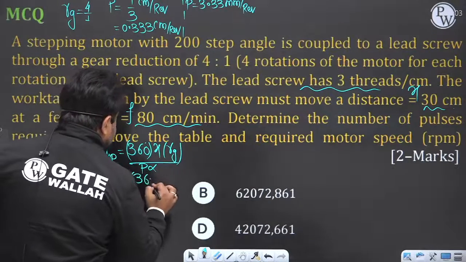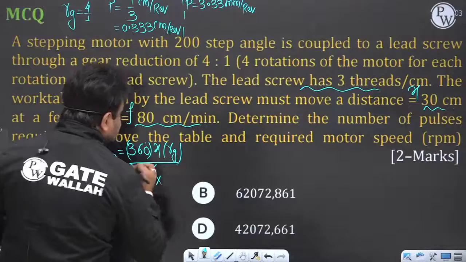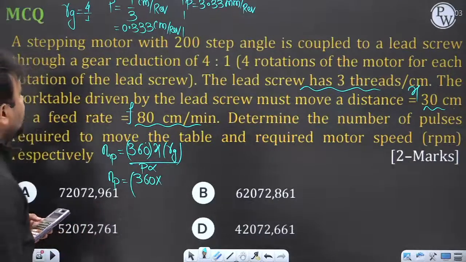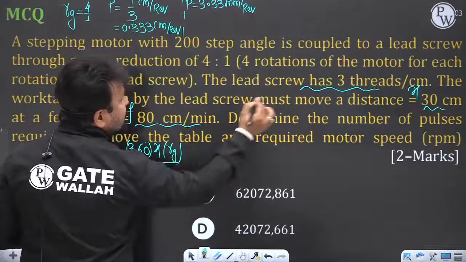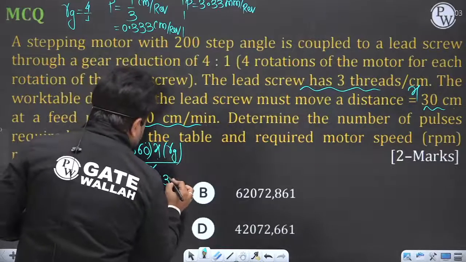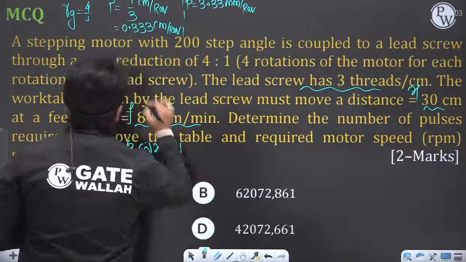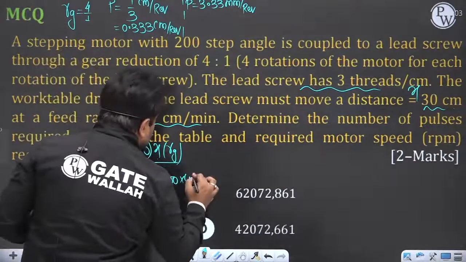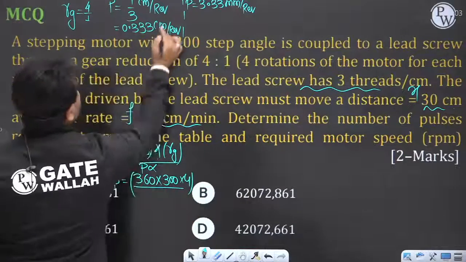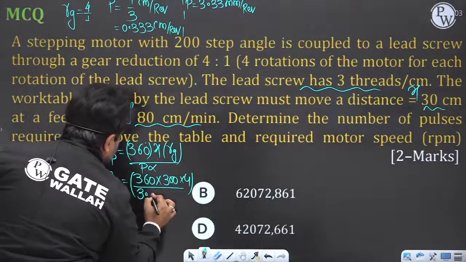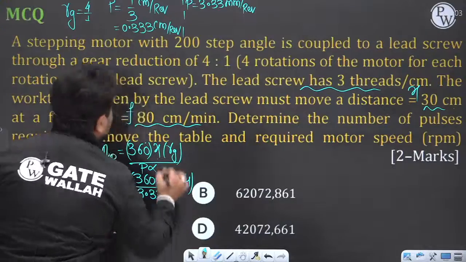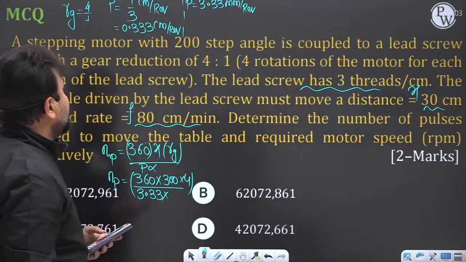So 360 into X. Here X is 30 centimeter, I am converting it in mm. RG is given, that is 4. Divide by pitch, that is 3.33, into alpha.